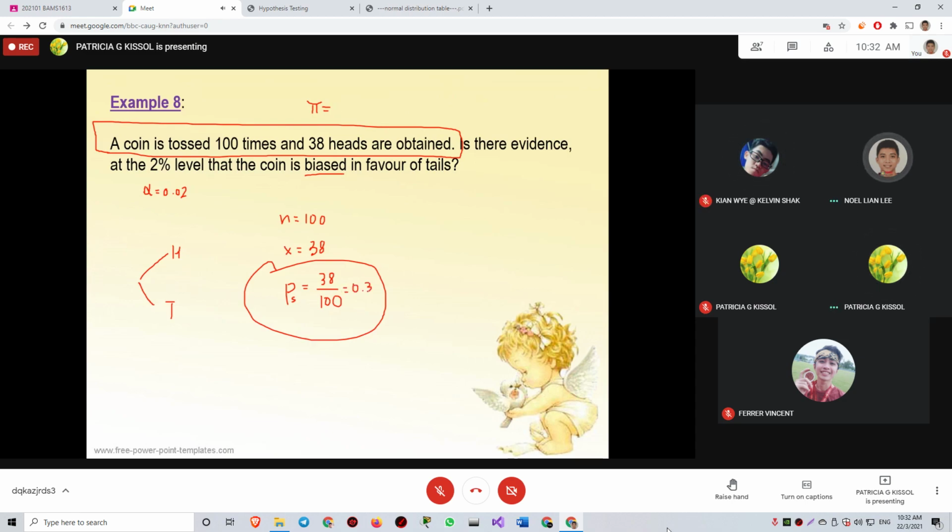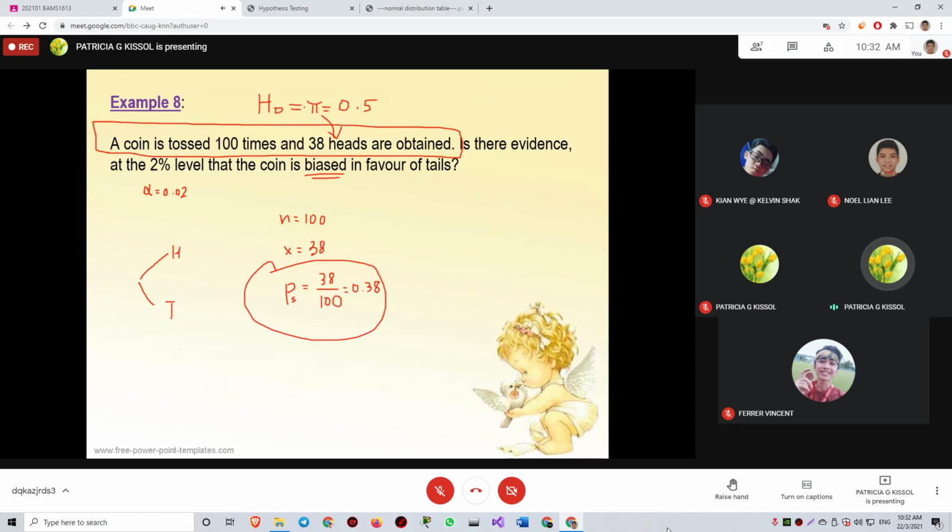Exactly. 0.5, because by right, when you throw a coin, it should not be biased, isn't it? It should be fair. It should be 0.5. So that means your pi, this is your null hypothesis, should be equal to 0.5. Your pi is concerning the heads. When you throw a coin, the probability of getting a head is 0.5.